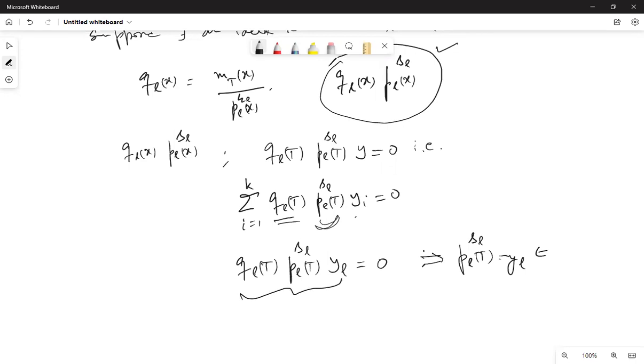This would lead to PLTYL belonging to, sorry, kernel of kernel QLT. Can you just tell me about this?